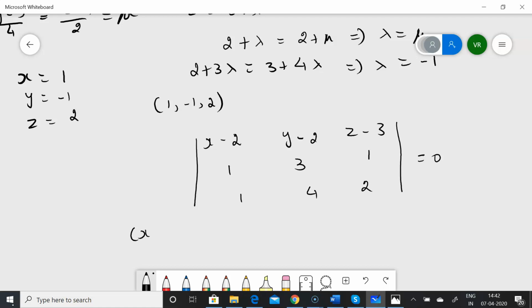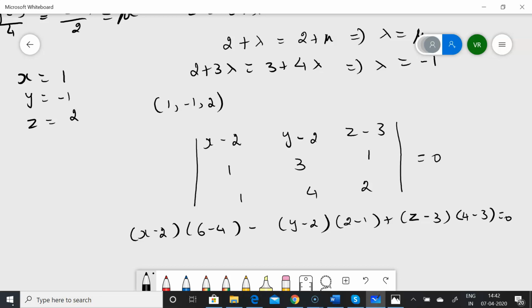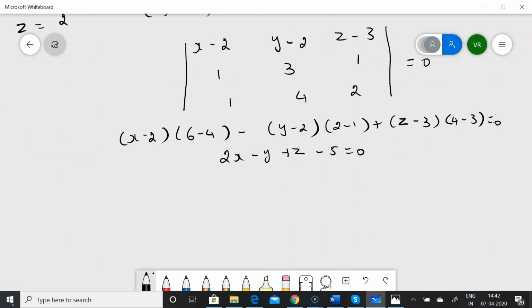Now, on expanding, you get x minus 2 into 6 minus 4, minus y minus 2 into 2 minus 1, plus z minus 3 into 4 minus 3 equals 0, or 2x minus y plus z minus 5 equals 0, which is the equation of the plane.